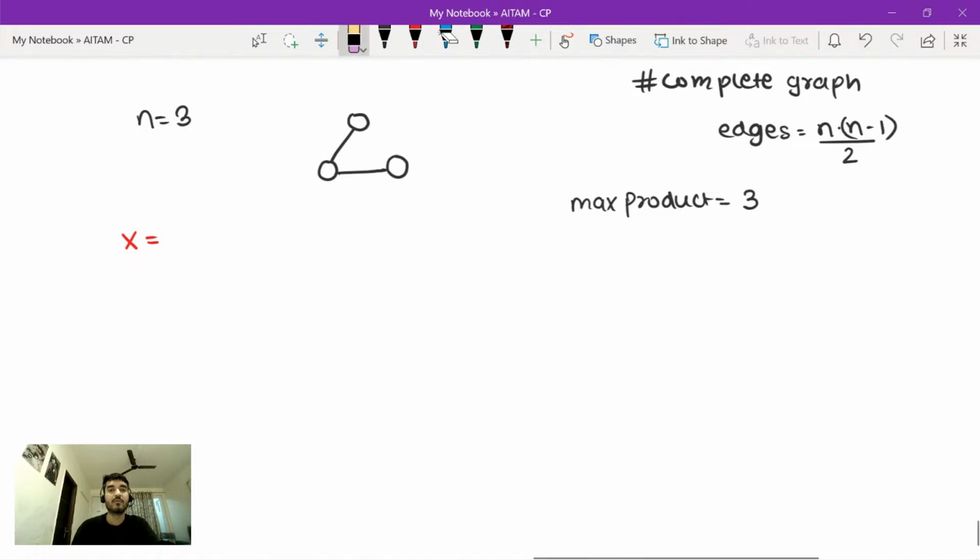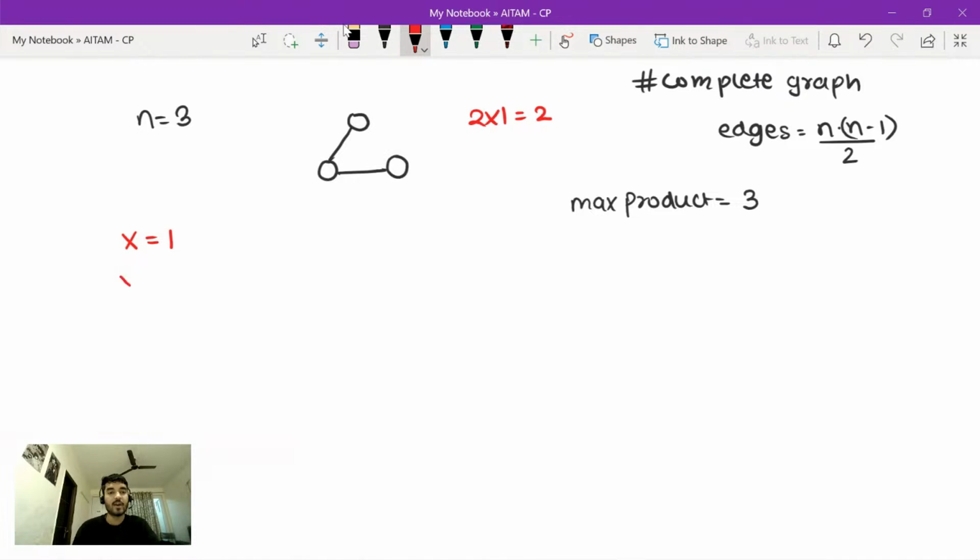If you remove this 1 edge, then the product is 3, but you cannot remove 2, because if you remove the 2 edges, now you have 2 components and their product is simply equal to 2, which is not maximum. The maximum here in this case is 3. So to get 3, you cannot remove more than 1 edge. So the value of x is equal to 1.